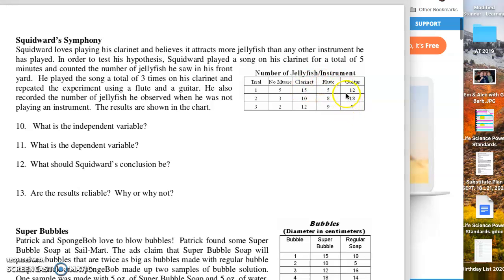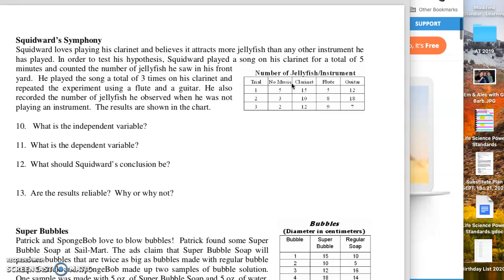But then when you compare it to the guitar, maybe it seems a little bit better. But if you total both of these up, this column is 37 jellyfish, and this is also 37 jellyfish. So if you take the average of those, they both come up with the same average. So the clarinet and the guitar kind of seem to be, they're both better than the flute and way better than no music.